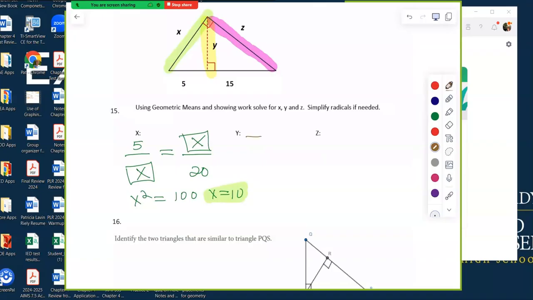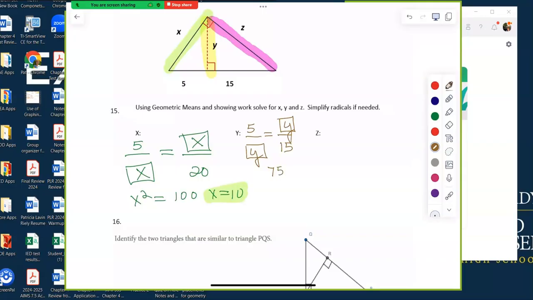So again, fraction equal fraction. The means go low and high. The altitude, which is the y, is a geometric mean between the two pieces of the original hypotenuse. So what do I have? 5 times 15. 5 times 5 is 25.